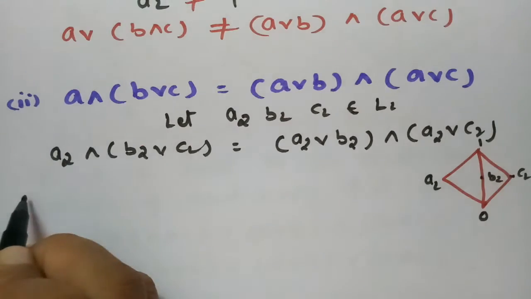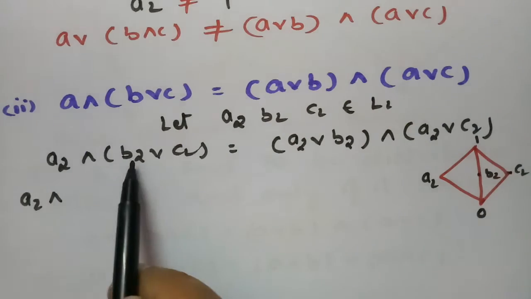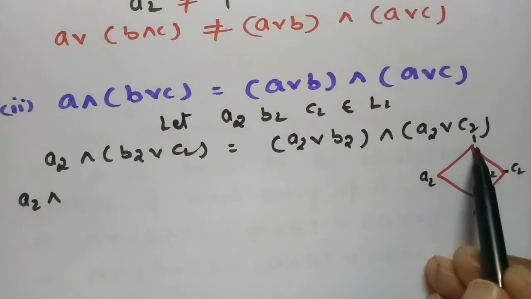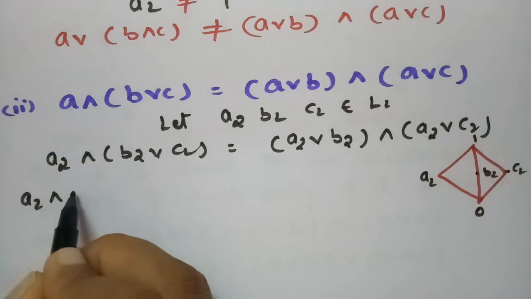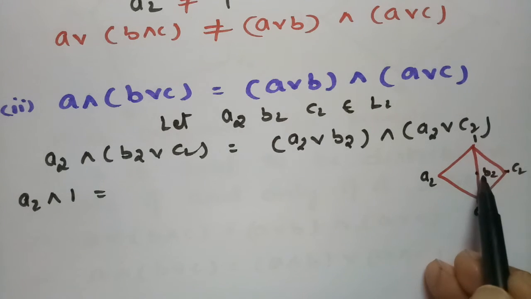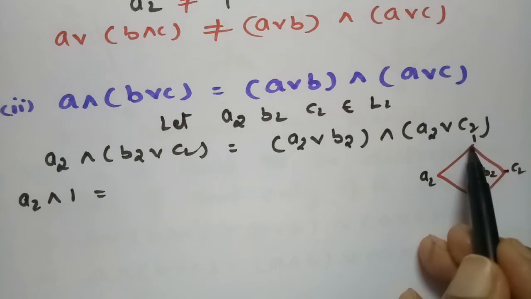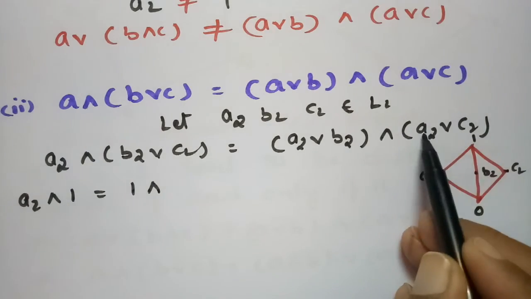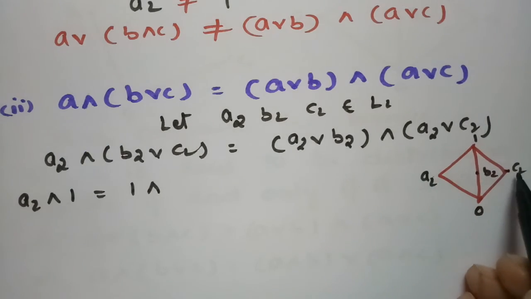This is A2 meet (B2 join C2). So B2 join C2. Join is nothing but the least upper bound, which is 1 here. And next A2 join B2. So the least upper bound here is 1. Meet, and here A2 join C2. So this is A2 and this is C2.